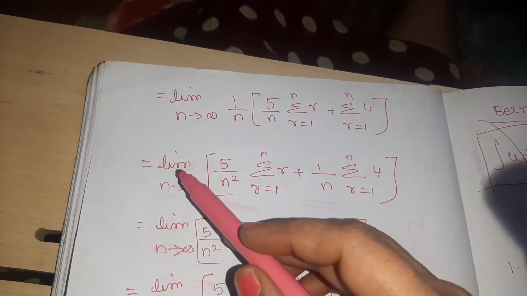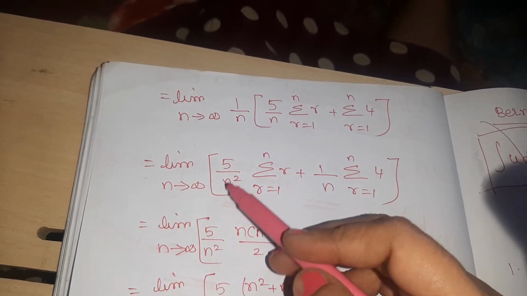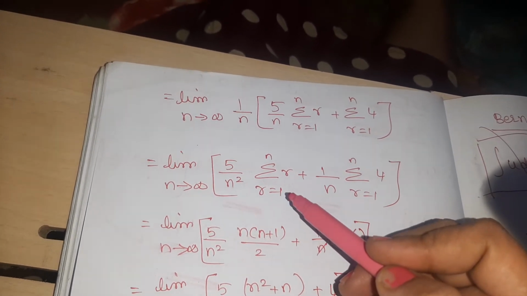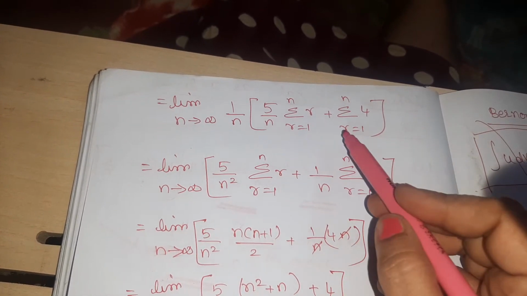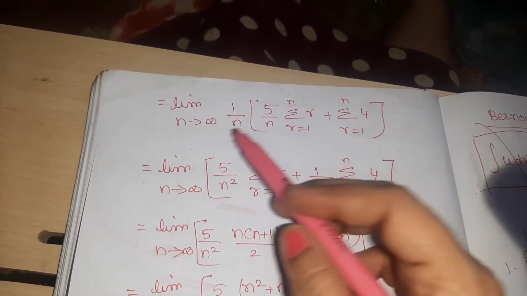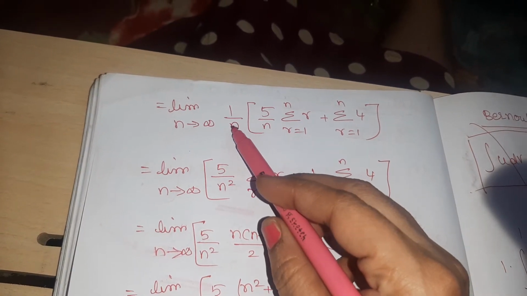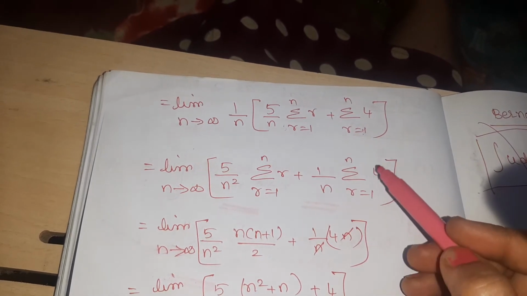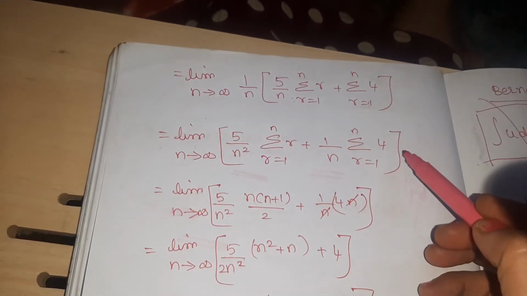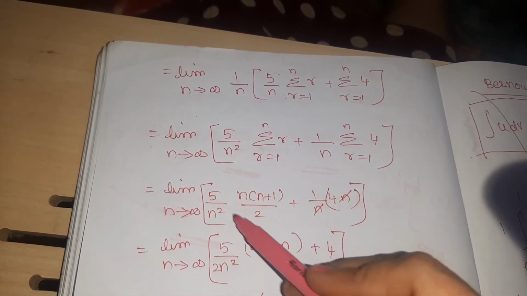So 5 by n square summation r is equal to 1 to n r plus, I am going to multiply with 1 by n this number and also this number. So 1 by n summation r is equal to 1 to n 4.